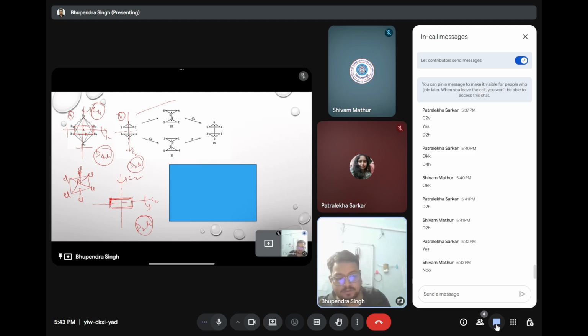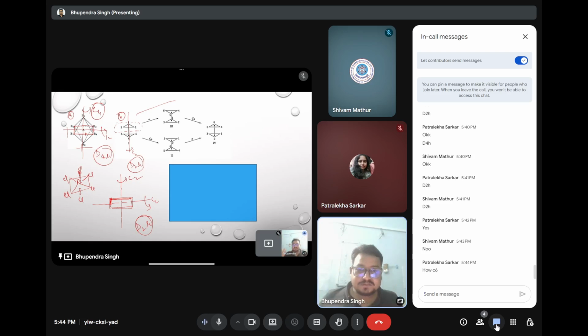Symmetry, no. Okay, this is a plane. Plane is here, just in the middle. One triangle is here. This is the plane in between. So they are simply changing the position.